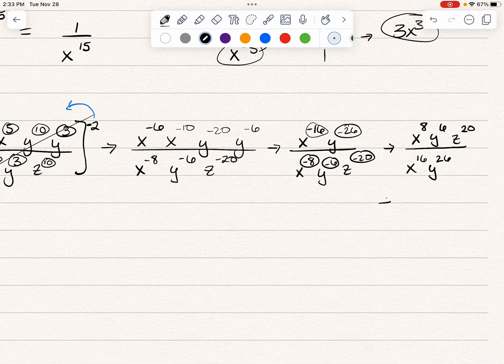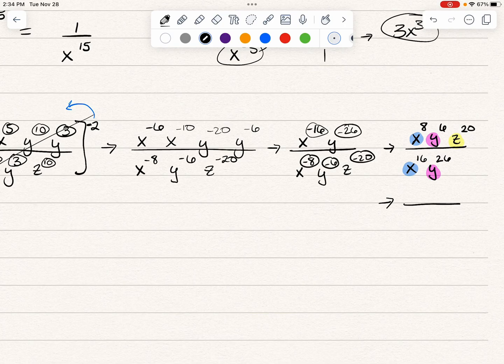Last step for us is to look at our quotient rule. I see that I have a couple of bases that are the same. I have x and I have y. z is a base by itself. When the bases are the same and we are dividing, I can subtract the exponents.